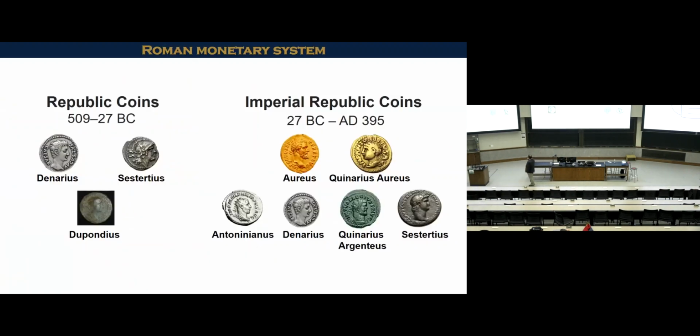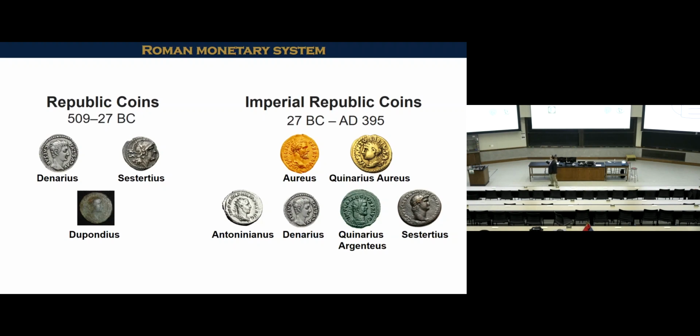So first, I will show some of the results about Roman coins. Just for introduction, the Roman monetary system: before imperial times, during the Republic, the highest denomination was the denarius. It's a silver coin. They had some other silver coins and a bunch of copper coins.